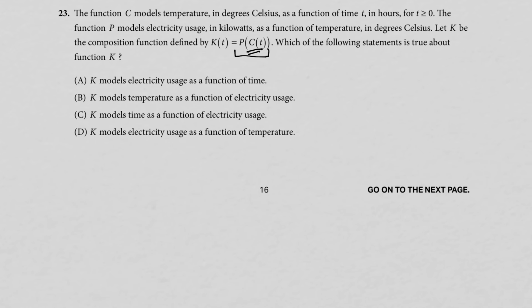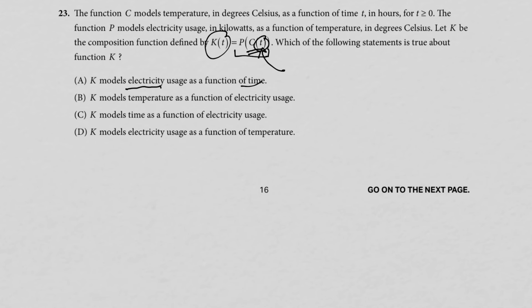So K eventually gives you kilowatts. So it represents electricity as a function of time, because the variable is still T. So there's nothing about temperature in this K function. Temperature goes in, gets changed into degrees, but that degrees gets changed into kilowatts.